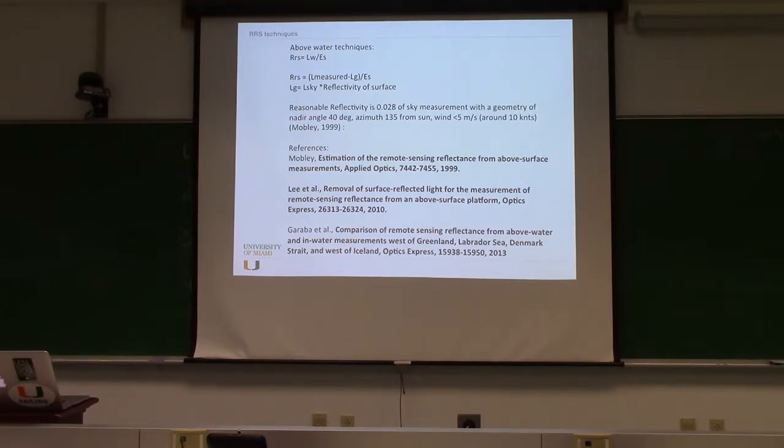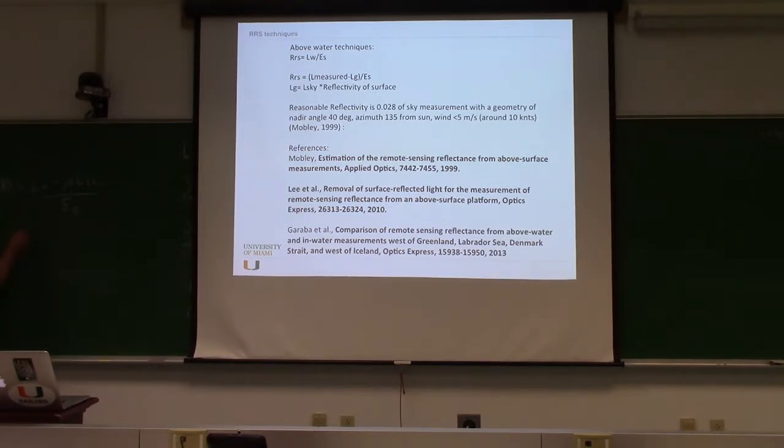When you put this all together, what you want is L_W, equal to L_T minus rho L_sky, divided by E_s, to get Rrs, the remote sensing reflectance.